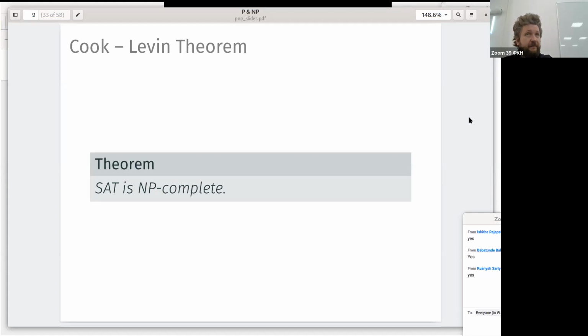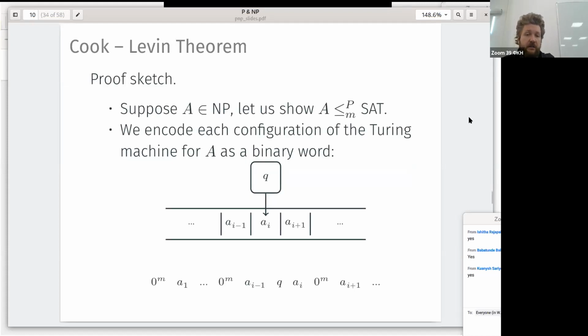We have to prove it directly. So we give only a proof sketch. We suppose that there is an NP problem A, so there's no typo here, fortunately, and we just show that it's reducible to SAT. For any arbitrary NP problem, this is just the direct way of proving. We give only a proof sketch, so technical details can be restored, but just how the proof works.